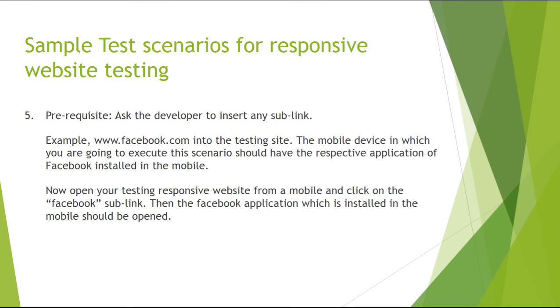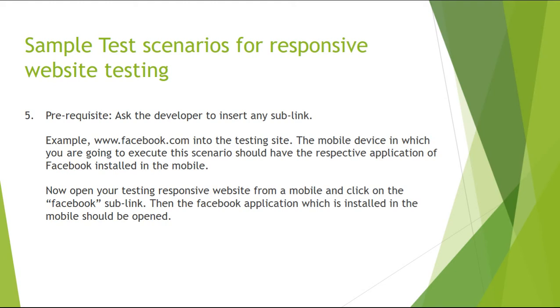For the fifth, again we have to ask for the developer's help, and again it's going to be a sublink. I will use Facebook as the example here also. So again we have a website that is responsive, and we have a sublink related to Facebook, www.facebook.com, and on our mobile device we have installed the Facebook mobile application as well.